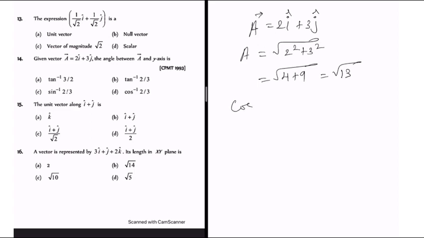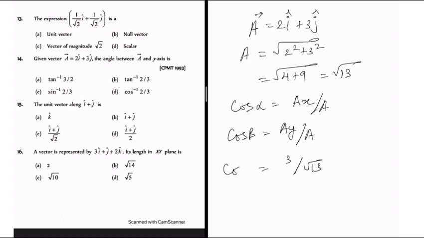Say cos alpha is AX upon A and cos beta is AY upon A. 3 upon root 13, cos beta.